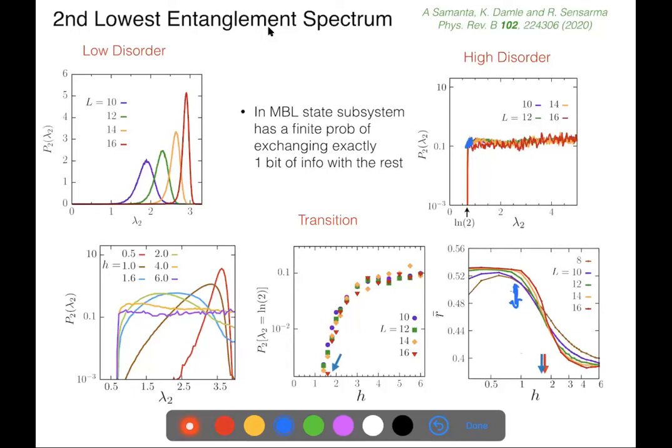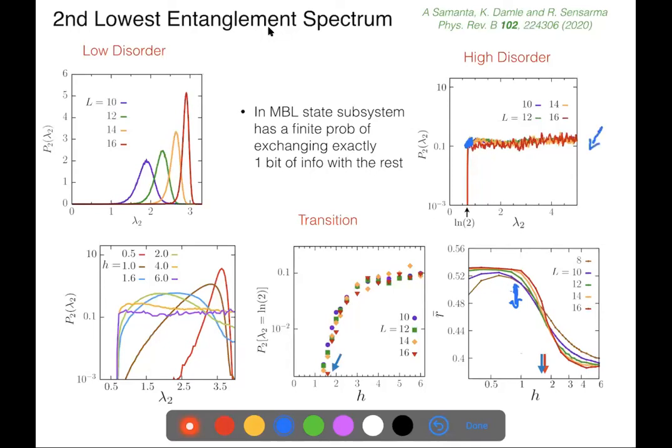There will be a probability for exchanging no information, which is... Right. What it seems to suggest is that it's exactly when the probability of exchanging one bit of information goes to 0 that seems to be somewhere in the middle. Another way of saying this is that you can ask what is the eigenstate that is exchanging this information.